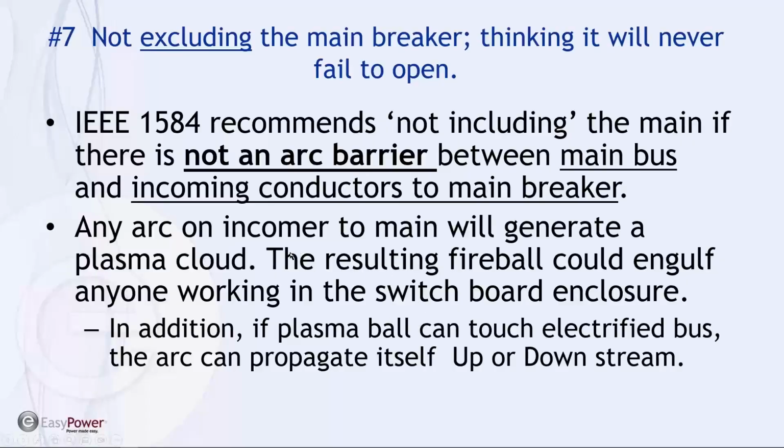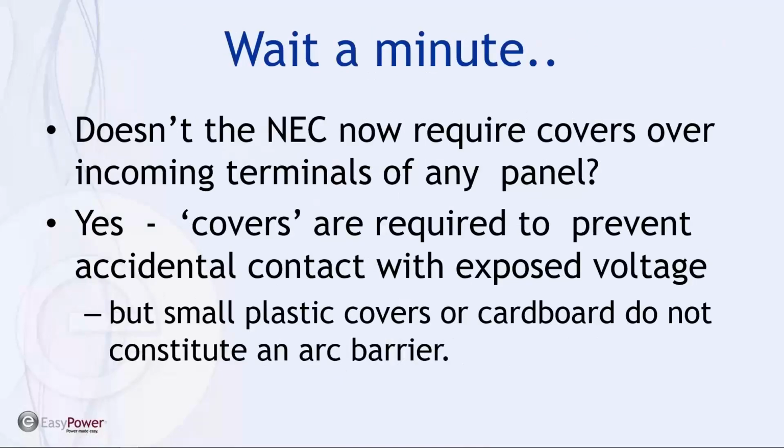And the reason is, if an arc were to form on the main side, the highline side of the main, it would generate a plasma cloud that could result in engulfing anybody working on the main bus and potentially even propagate the arc downstream. So you might say, well, wait a minute, Jim, doesn't the NEC now require covers over incoming terminals of any panel?